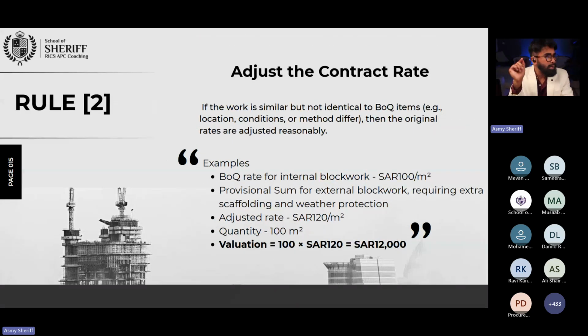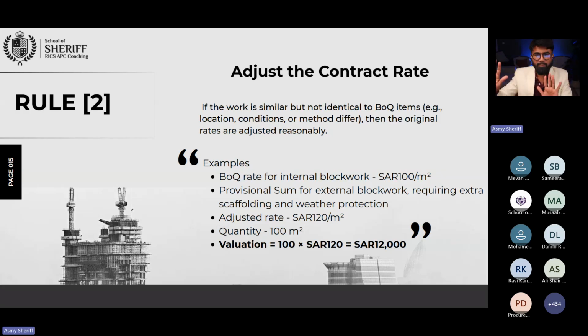The second one: we have a similar item, but it's not exactly with the same condition. For example, the client says you need to do some kind of external block work. In your BOQ, you have a block work rate of 100 riyal per square meter.